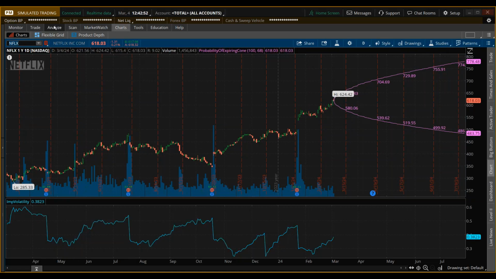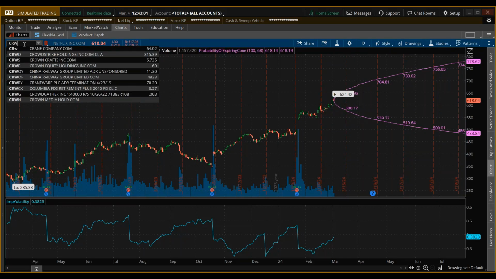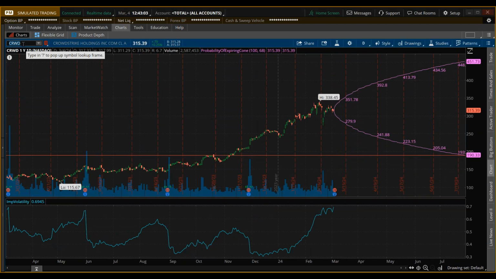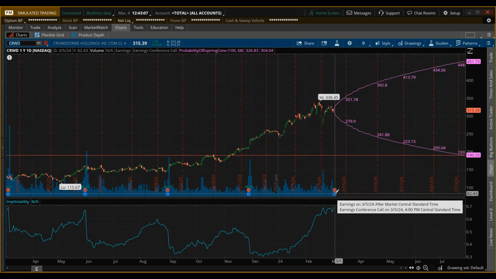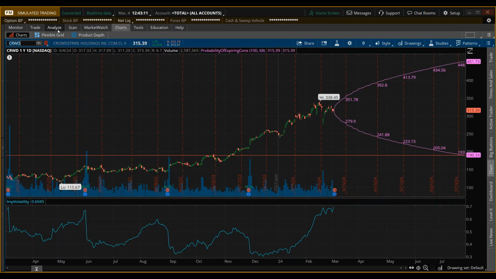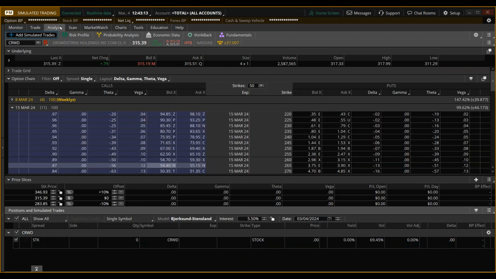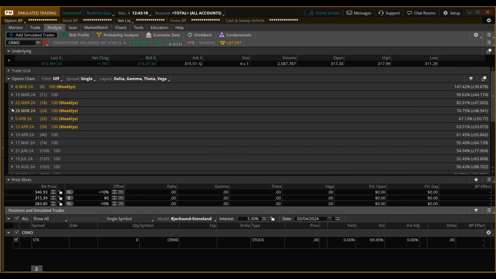If you look at an options chain of Netflix, let's see who's got earnings coming up this week. Here we go. CRWD's got earnings coming up in just a couple of days. So I'm going to show you two different implied volatilities, both inside of Thinkorswim.